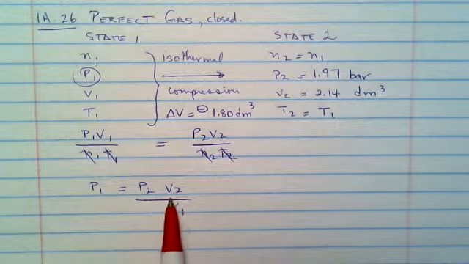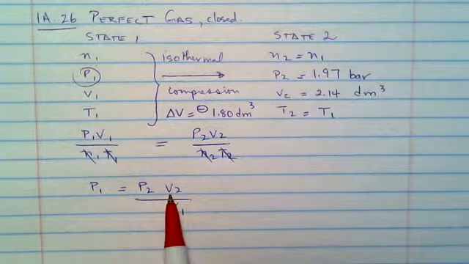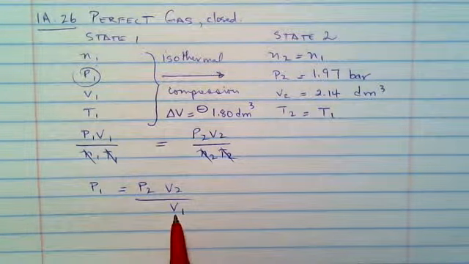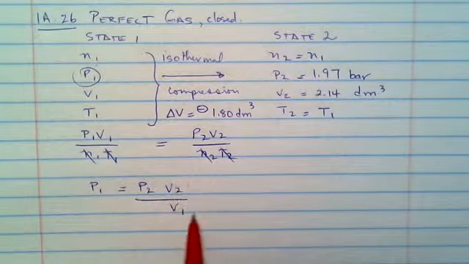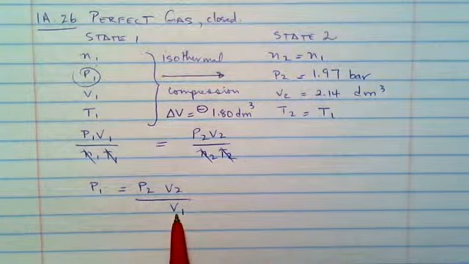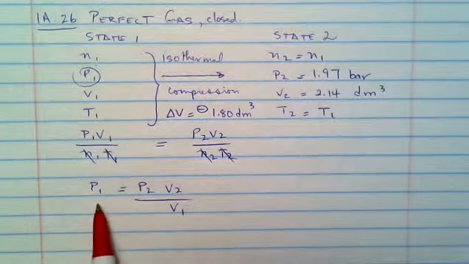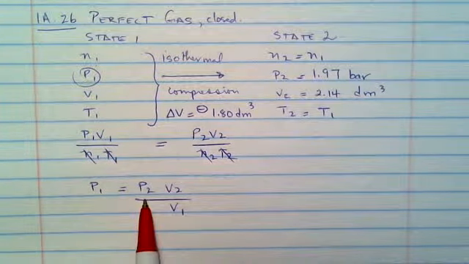And so V2 is given 2.14, and V1 is 2.14 minus a minus, so it'll be plus 1.80 decimeter cubed. So I don't need to change the units of these from the given because the units are the same and they're just going to cancel, and therefore my P1 will be solved in the units of P2.